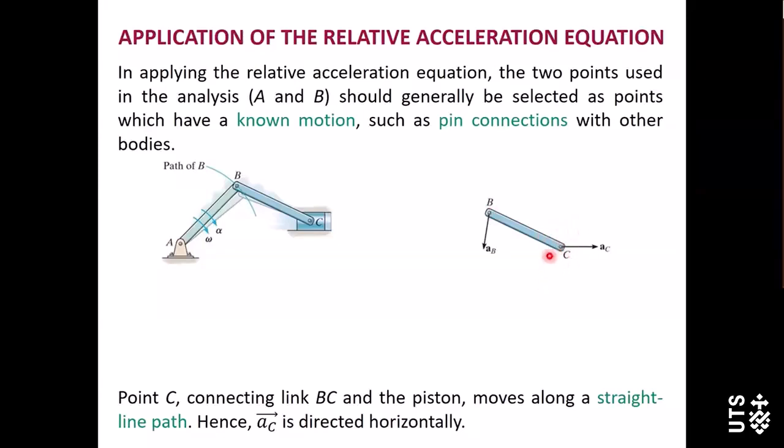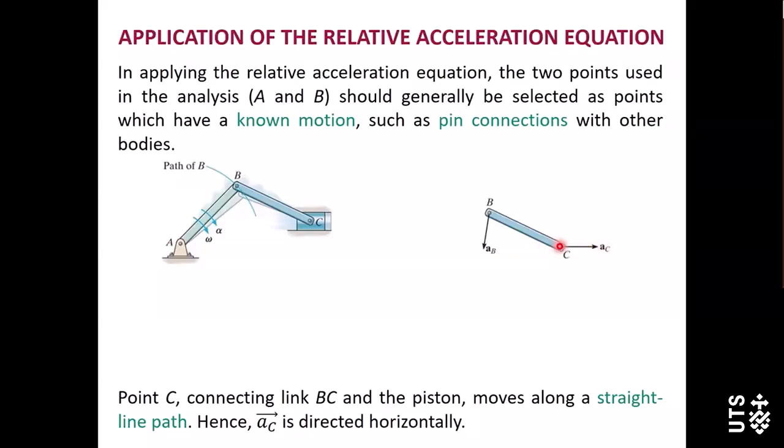For point C, its acceleration should be the same as point C's acceleration on the piston, because the piston is undergoing rectilinear translation, so the acceleration of the piston must be horizontal.